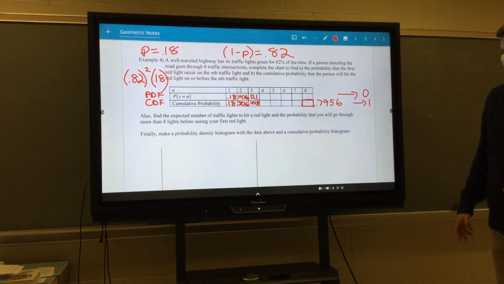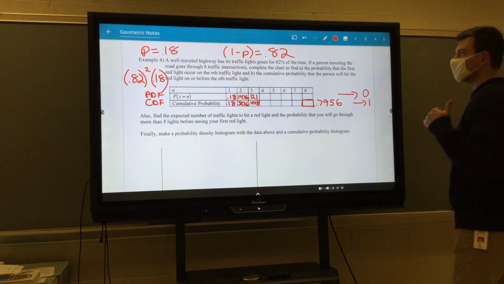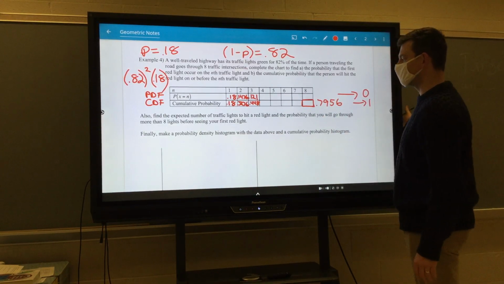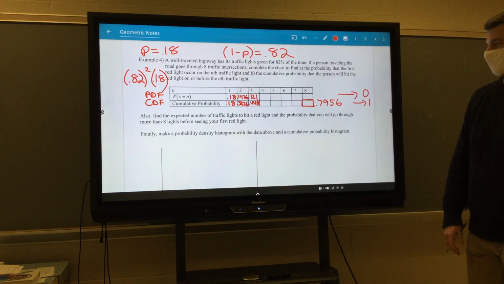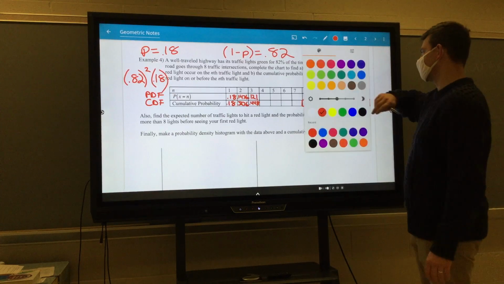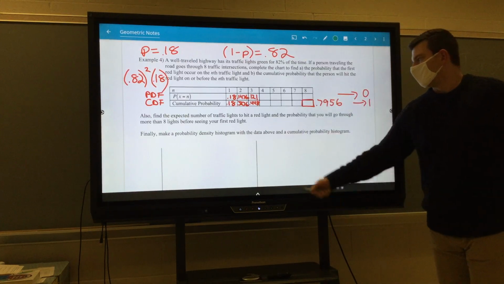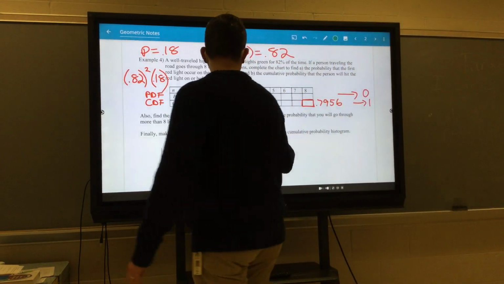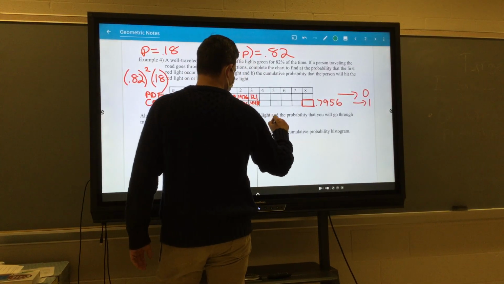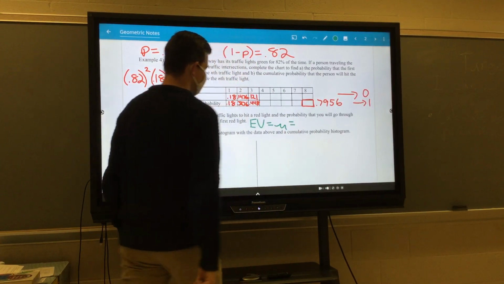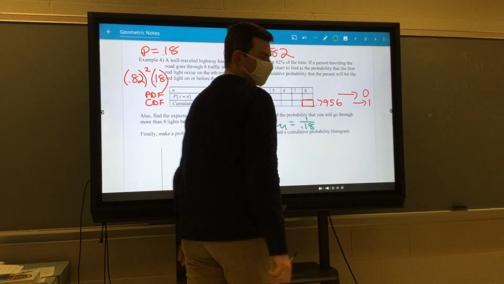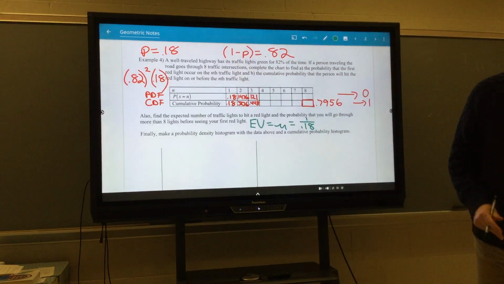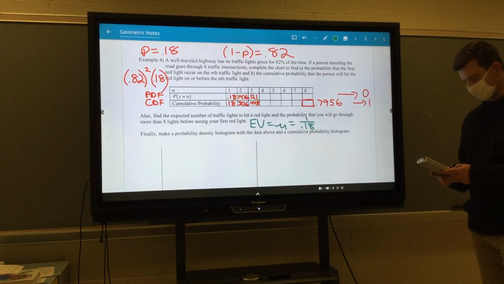Down here, also find the expected number of traffic lights to hit a red light and the probability you will go through more than 8 lights before seeing your first red light. Well, expected number, that's expected value, or mean. So in this case, 1 over that probability of a red light, 0.18. 1 divided by 0.18.